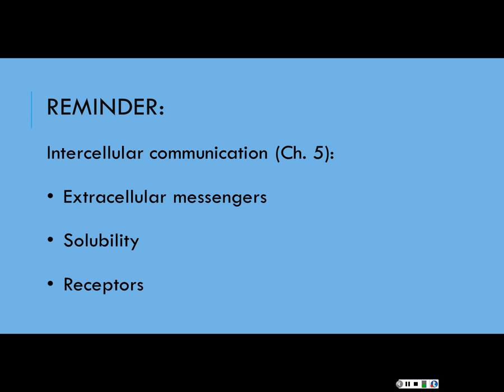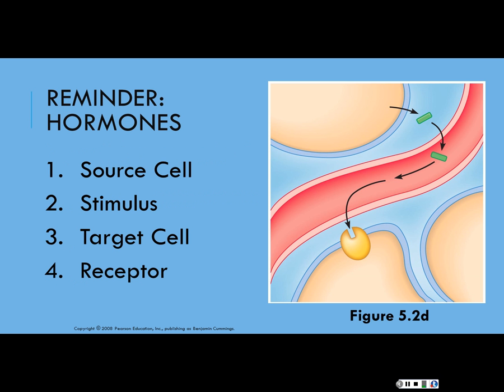And I've got a few picture images to solidify what we just spoke about. We know that hormones are produced by endocrine glands, and they're extracellular messengers. Hormones go into the bloodstream. That's what makes an endocrine gland unique, in that its product goes into the circulatory system, and that the target is distant.